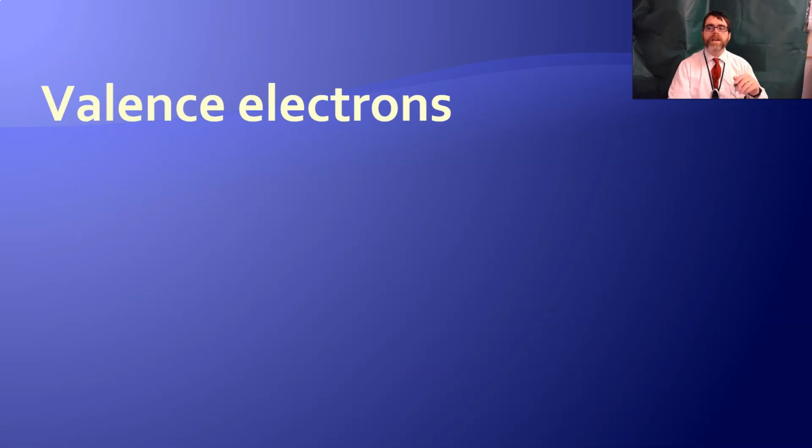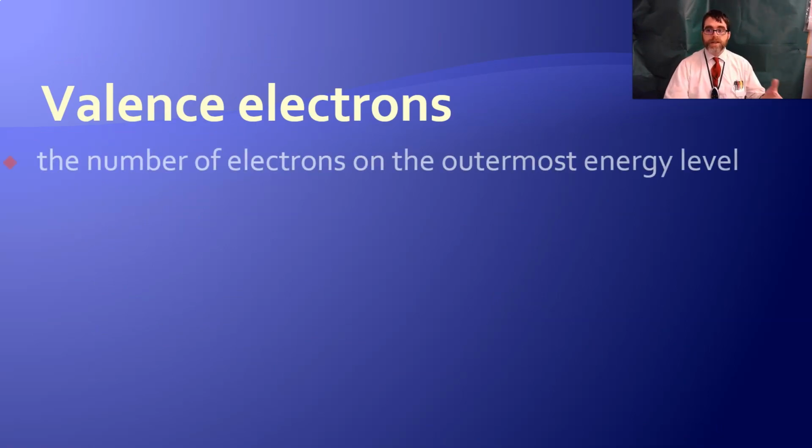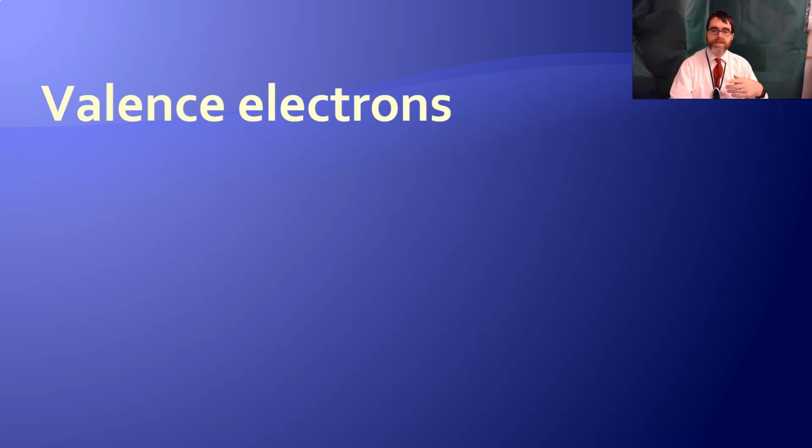Anyway, it turns out that what we really care about in chemistry, what does most of the reactions and such, is the valence electrons. Most of the mass of the atom, as we said previously, comes from the nucleus, from the protons and neutrons. Most of the space of the atom comes from the electrons and the regions where they occupy. And most of how an atom behaves is related to those electrons.